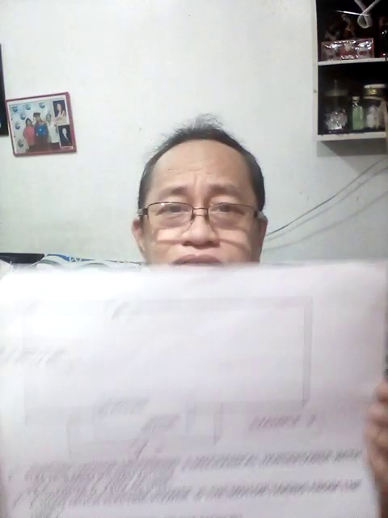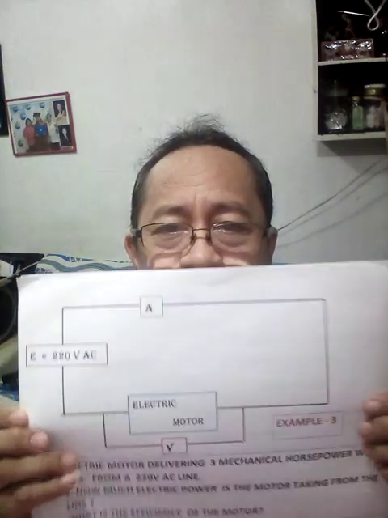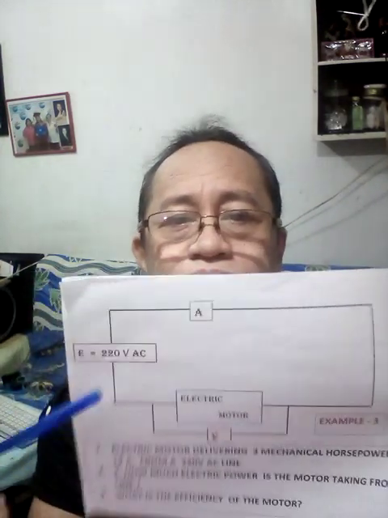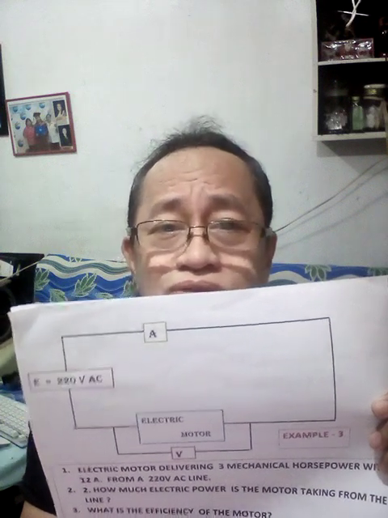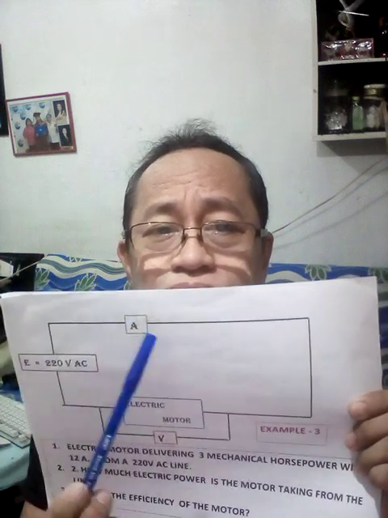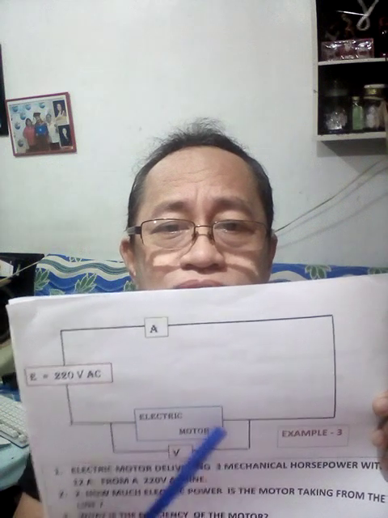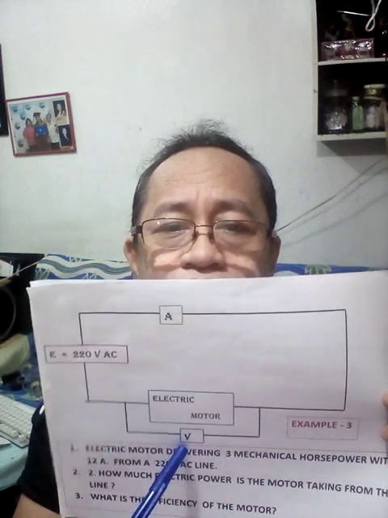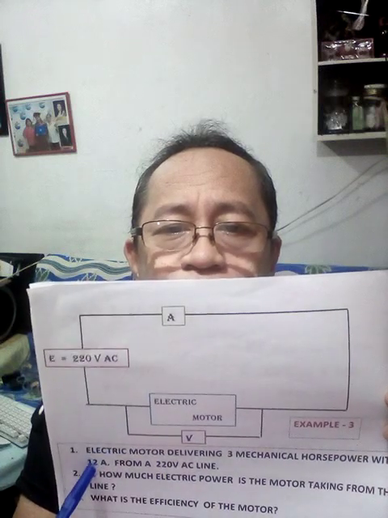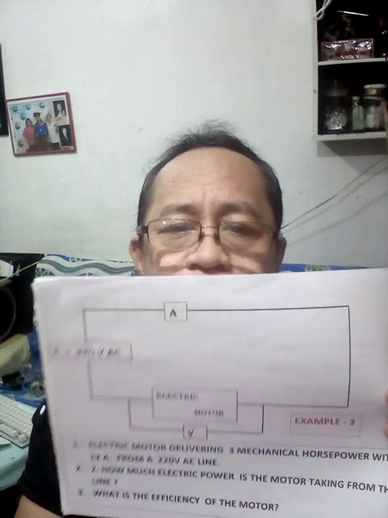May another diagram po sa 3 mechanical horsepower. So we have given 220 volt AC, and then the current flows from here to the load. Ang load po natin ay 3 mechanical horsepower and the voltage drop. So we have questions again, 1, 2, and 3.